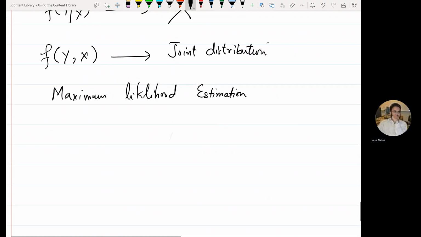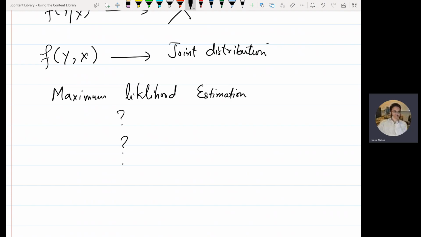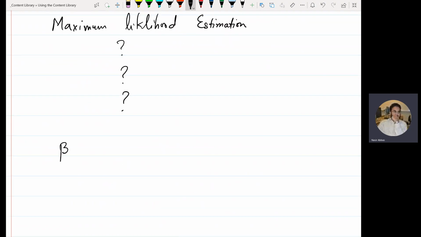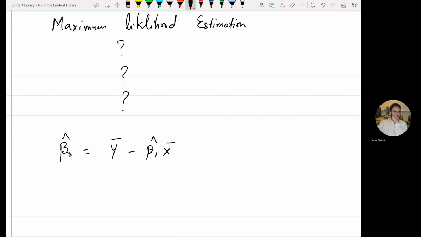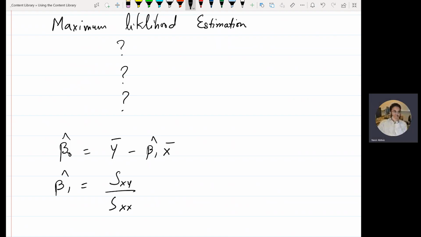And the good news is, after going through all this maximum likelihood mathematical derivation, you end up with these formulas. If someone is interested, let me know.